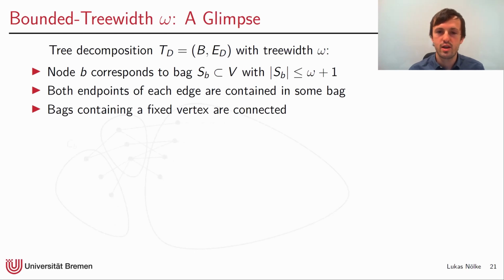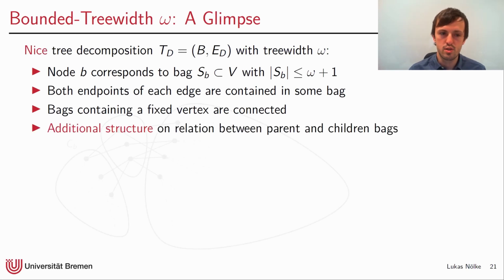Further, if we look at all bags in the tree decomposition that contain some fixed vertex of our original graph, then these bags form a connected component in the tree decomposition. And we do not just use any tree decomposition, but we use a nice tree decomposition, which gives us some additional structure on the relation between parent and children bags in the tree decomposition, which we will crucially use in our dynamic program.